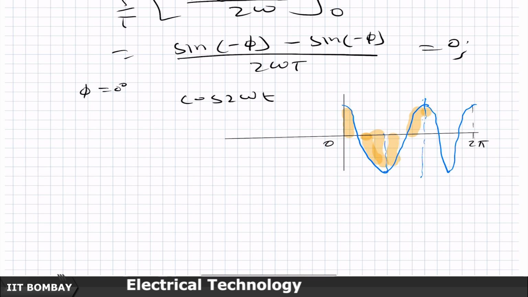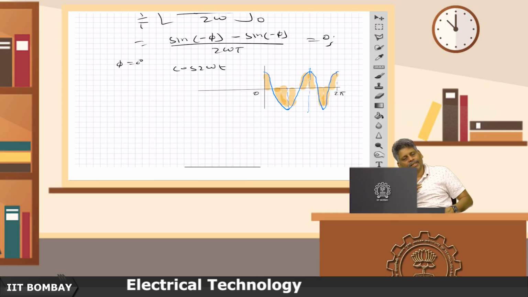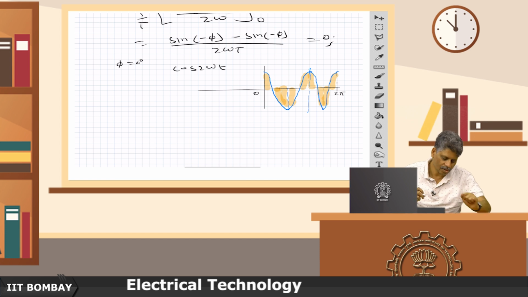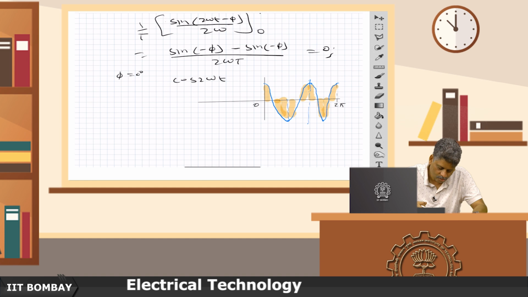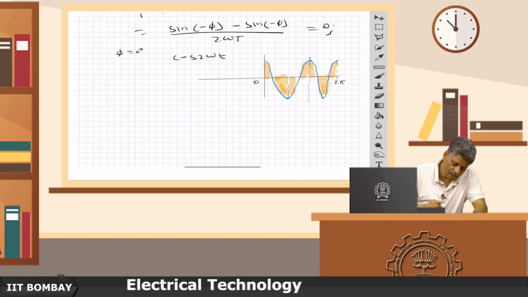So this area cancels out with this, and so symmetrically every quarter cycle is compensating with the next quarter cycle. So the net area enclosed is again equal to 0. So in general, it is 0.